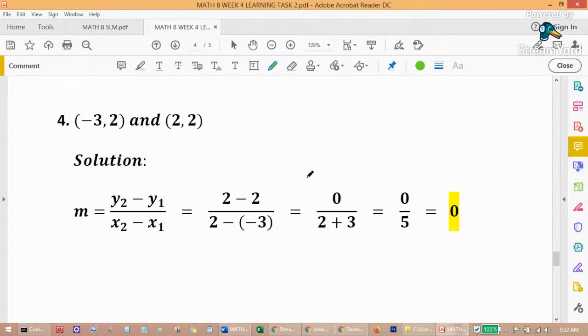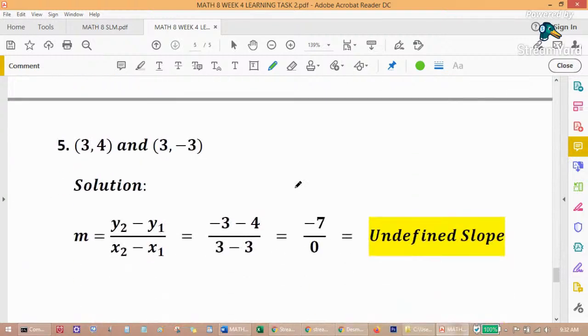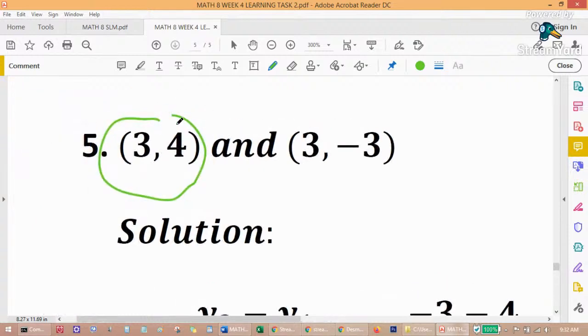Okay? And the last number, we are asked to find the slope. The first point is x is 3, y is 4.